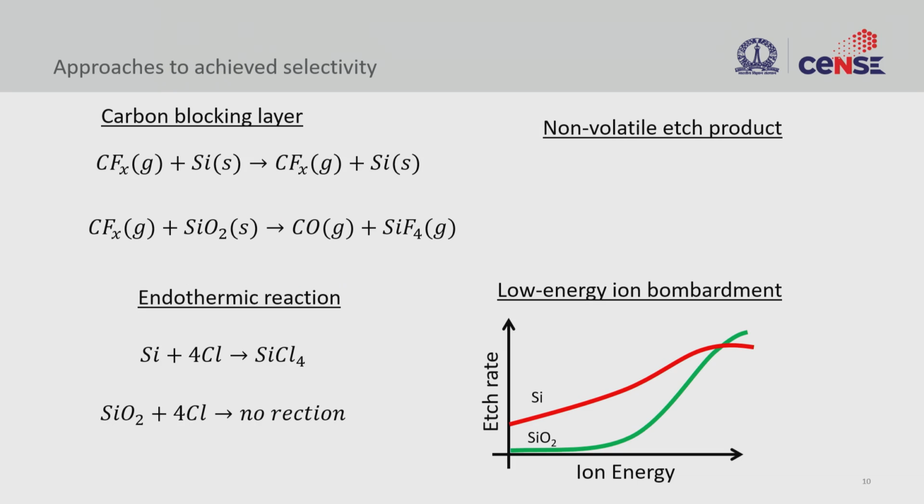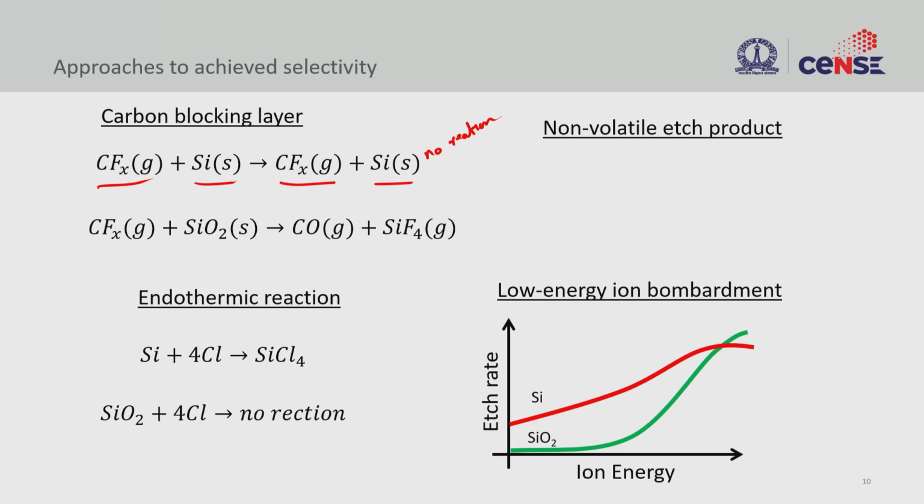So when the carbon blocking layer is formed on silicon, you create the gas, and then you still have the solid here. So basically there is no reaction, right. The radicals come onto the silicon surface and you don't see any reaction at all.